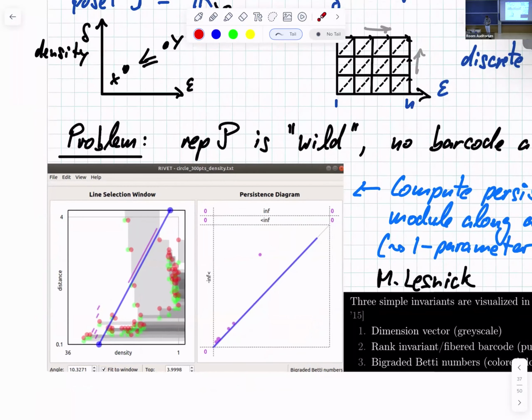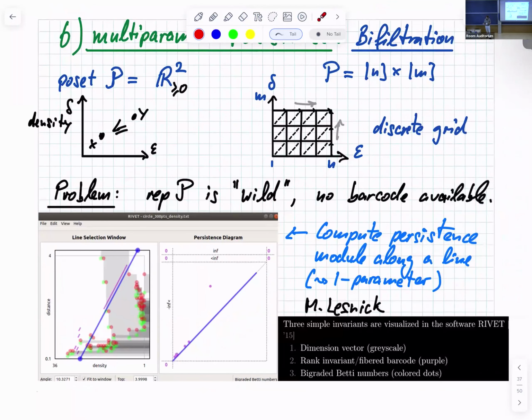What the software also does is it gives you the dimension vector of the module. A module is given by vector spaces here, at every point. And the dimension vector is just the dimension of this vector space. It would give you the dimensions in gray scales.